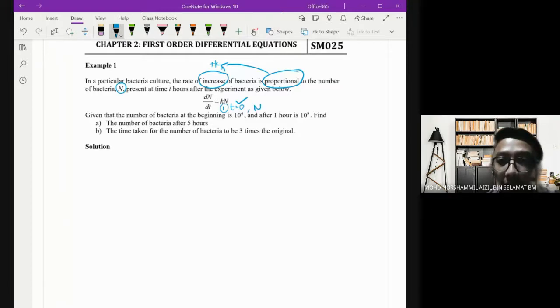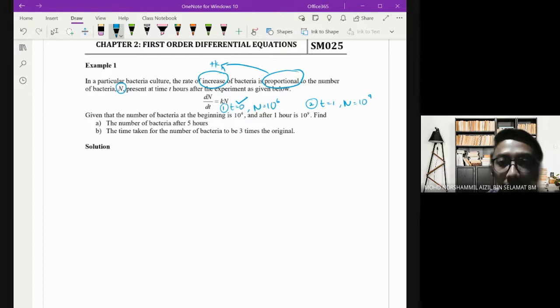So dia punya N is 10 power of 6. Okay, that's the first condition. And then the second condition is after 1 hour, so means that t equals 1. Your N is 10 power of 9 already. Bacteria tu increase already. Okay, becomes 10 power of 9 from 10 power of 6 just now.